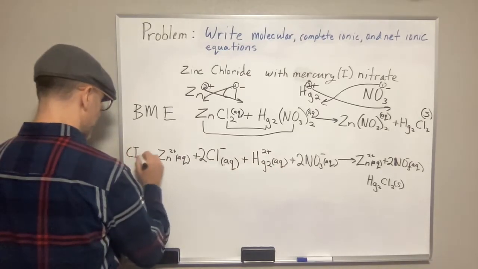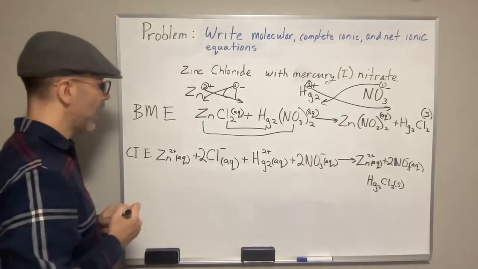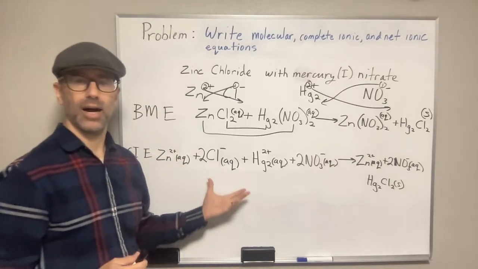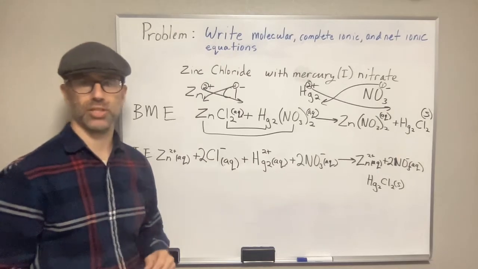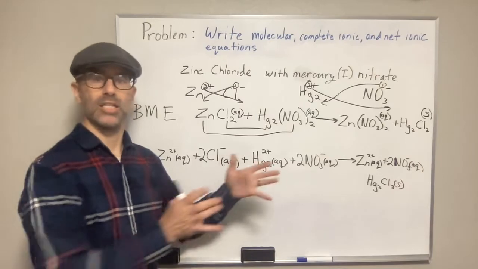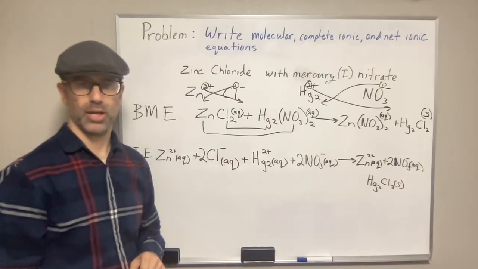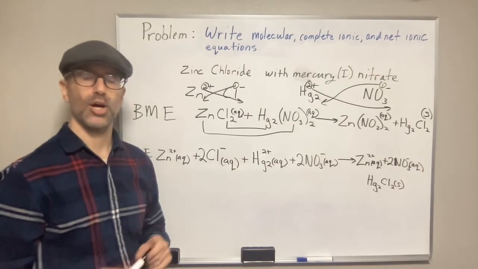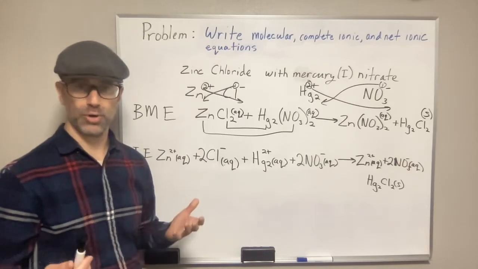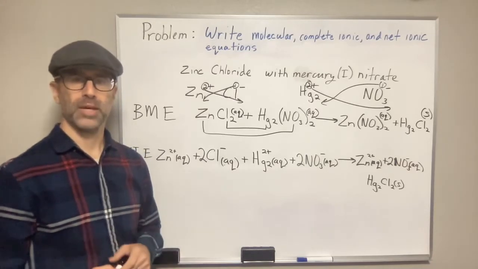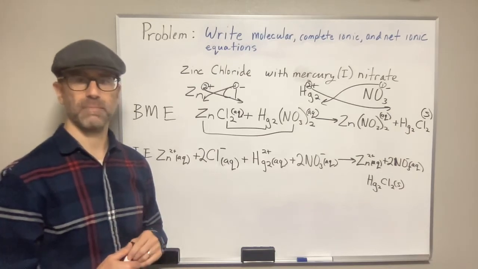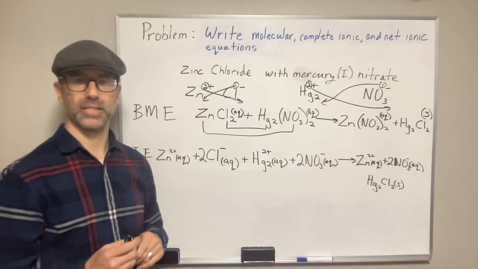So CIE. And now the last step is to figure out what the net ionic equation is. And remember, the net ionic equation is where you have the spectator ions removed. And what are the spectator ions? Those are the ions that are not involved in the reaction. They're not doing anything. There's no change. And so there's a couple of ways you can go about identifying the spectator ions.